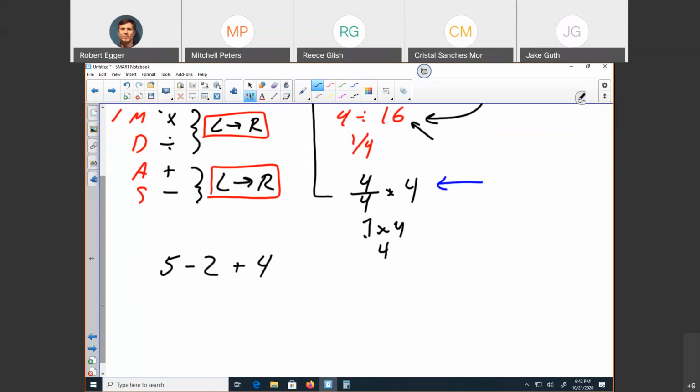Now, again, just using the rule that, hey, addition's first, so I must add first. This guy says, I need to add 2 to the 4. So this guy magically becomes 5 minus 6, or minus 1. All right. The left to right rule.